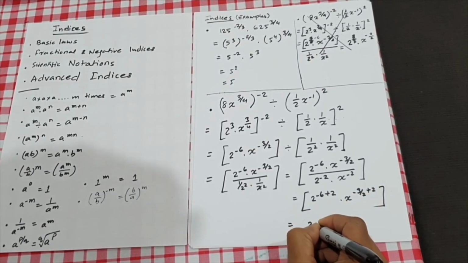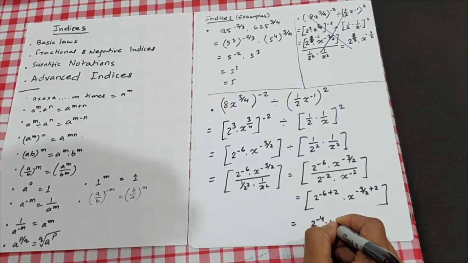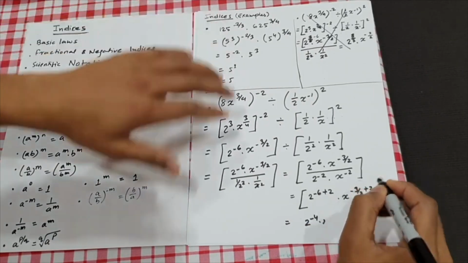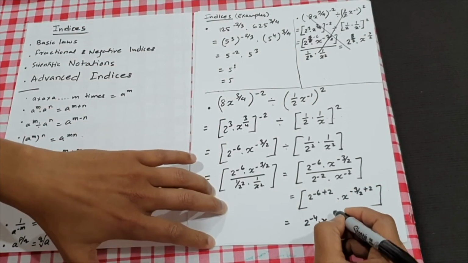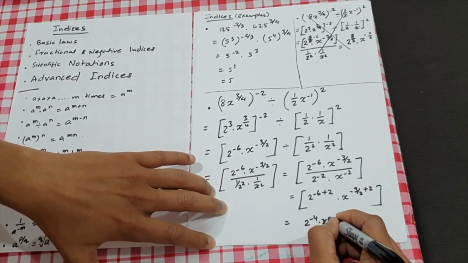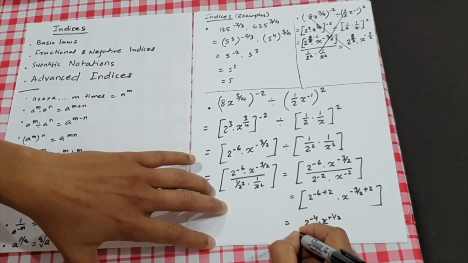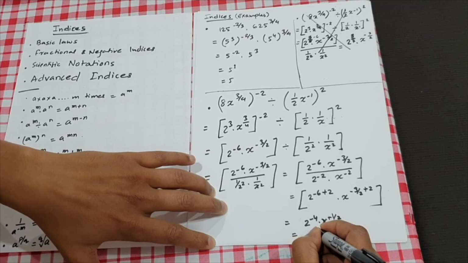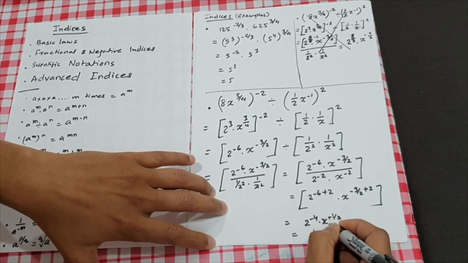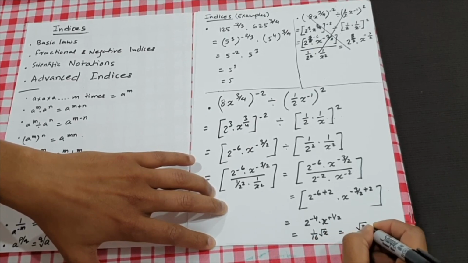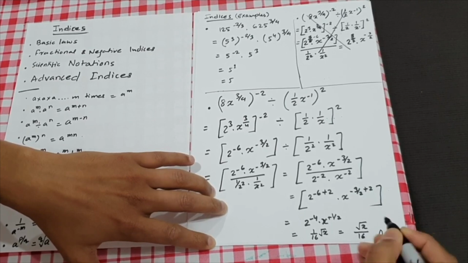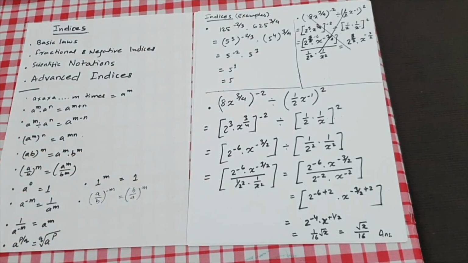So this is 2 to the power minus 4 into x to the power plus half. So this is 1 by 16, and this is square root of x. The answer should be root x by 16.